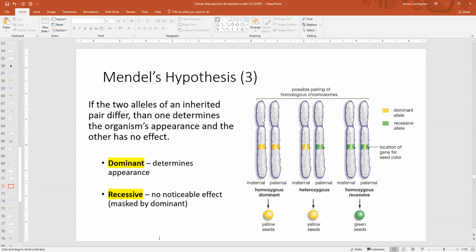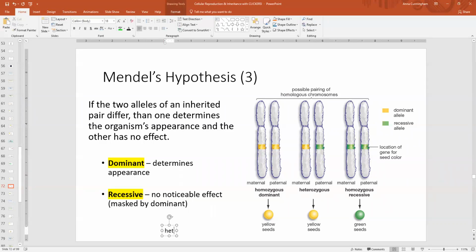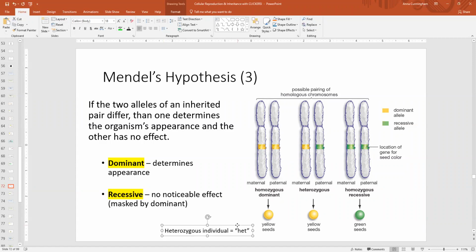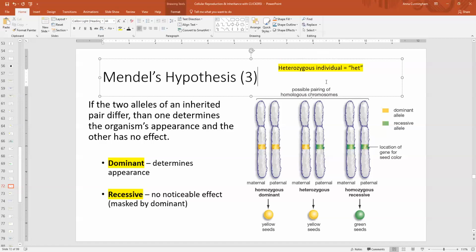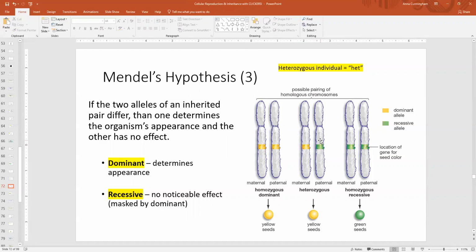Let me put that on here. So if you hear me say a het, I'm talking about an organism that has a pair of chromosomes with both the dominant and recessive allele present.